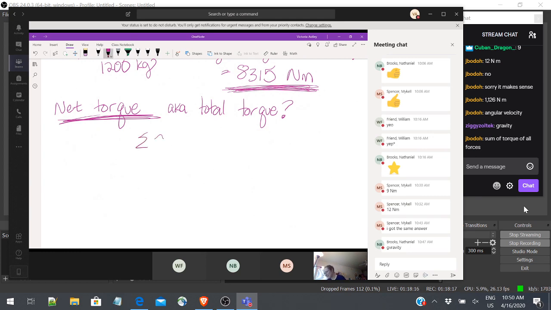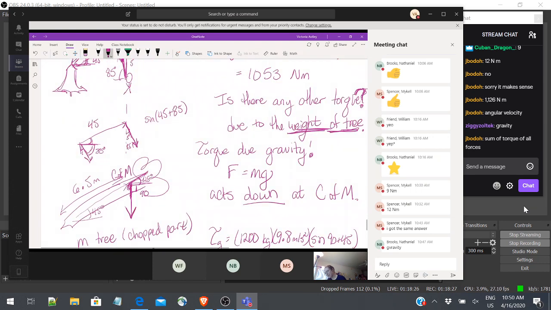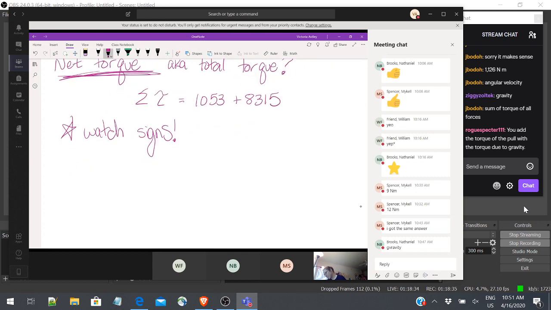Add up the torques. So it would be 1053, right? Plus 8315. But watch signs. Torque will be positive if it causes counterclockwise rotation.